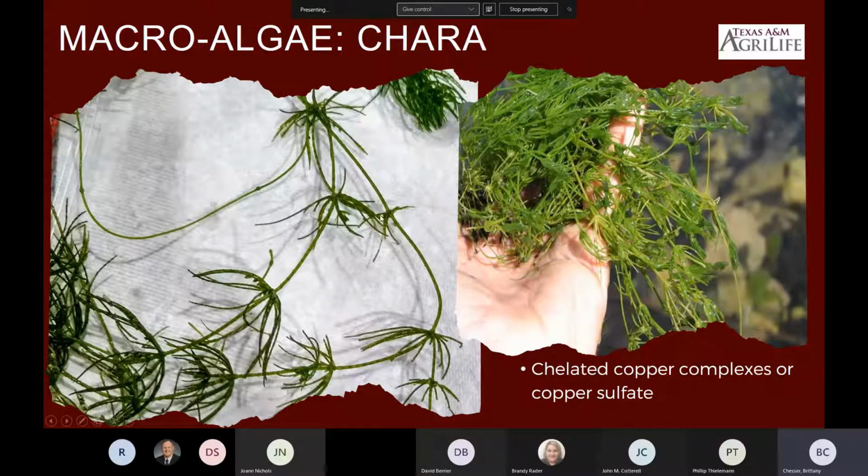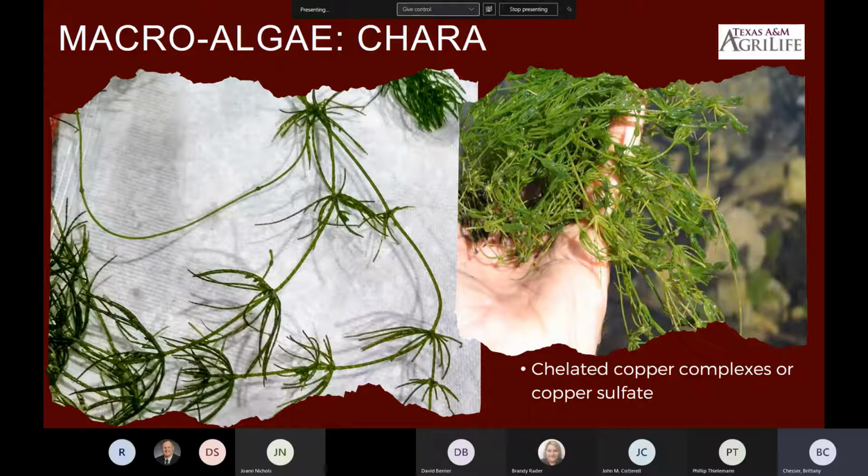For Chara and even your Nitella, you can physically control it through raking or seining, but of course this is going to be very difficult to keep up with because it can reestablish from spores and fragments. Triploid grass carp are the only effective biological control option for managing macroalgae, and of course you can still go through that permitting process through Texas Parks and Wildlife Department.